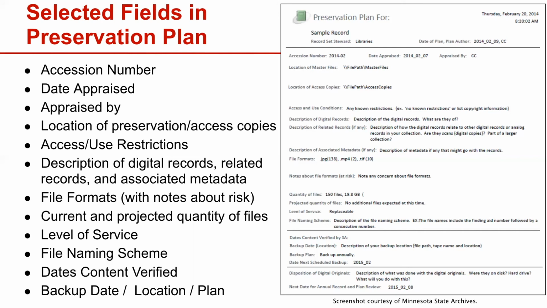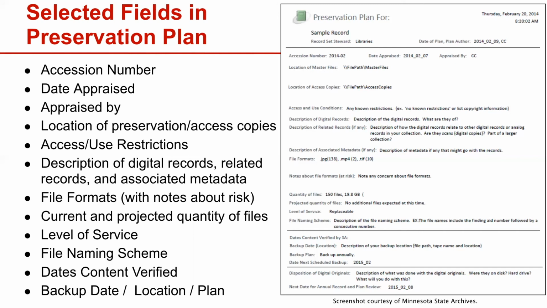The current and expected quantity of files. The level of service field determined how important the objects were. Were they replaceable or irreplaceable? For example, are these digital copies of analog materials that could be replaced if needed, or are they the only copies available?